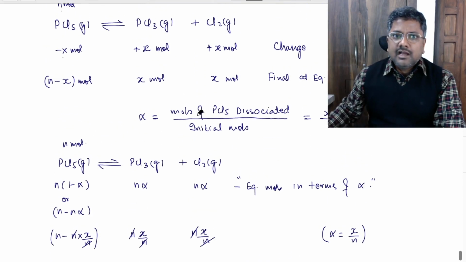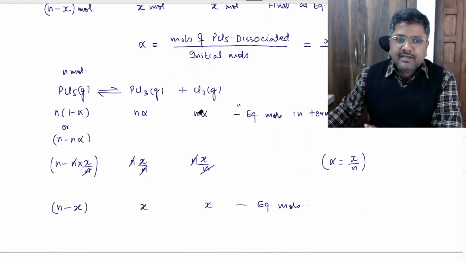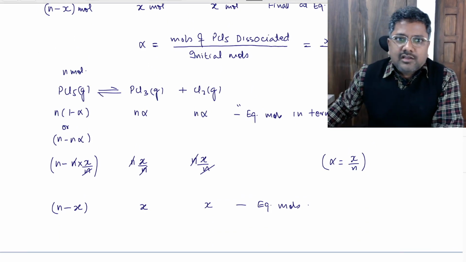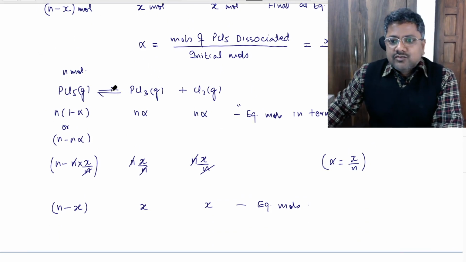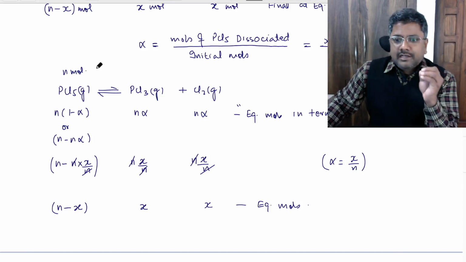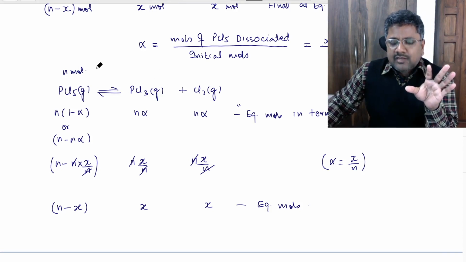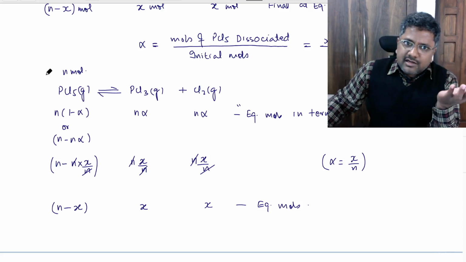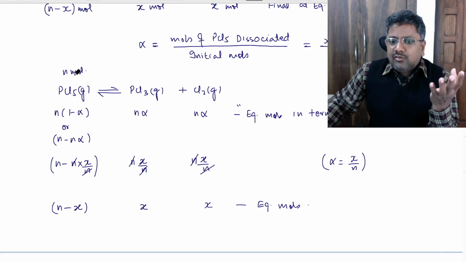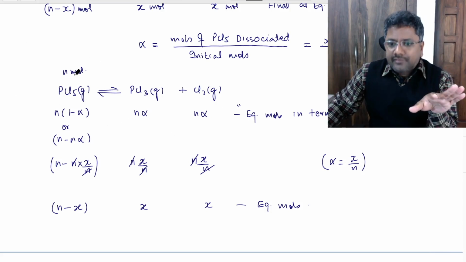And one more thing, suppose that initial moles were not given in a question. To explain alpha, you can take here 1 mole. Alpha is always defined with respect to 1 mole. So whether you are taking n mole or 1 mole in your calculation, there is no difference.